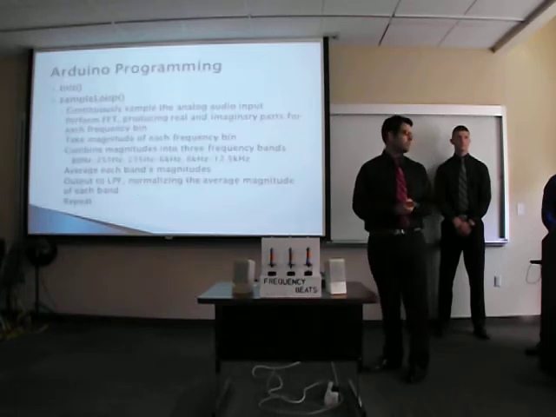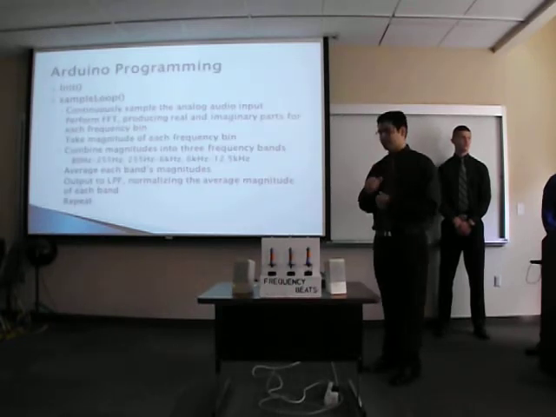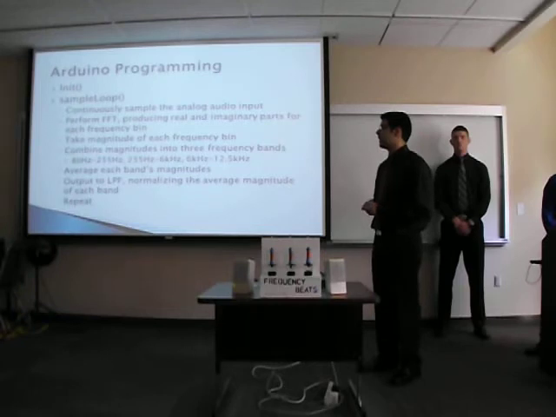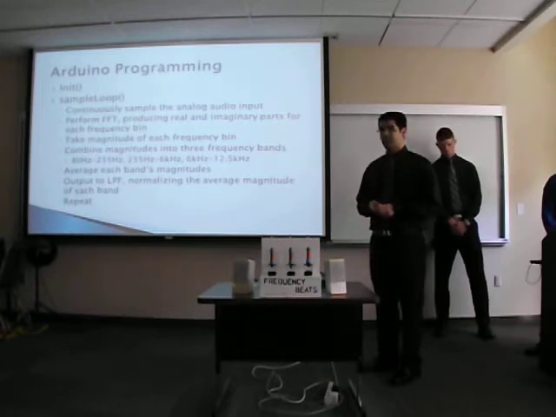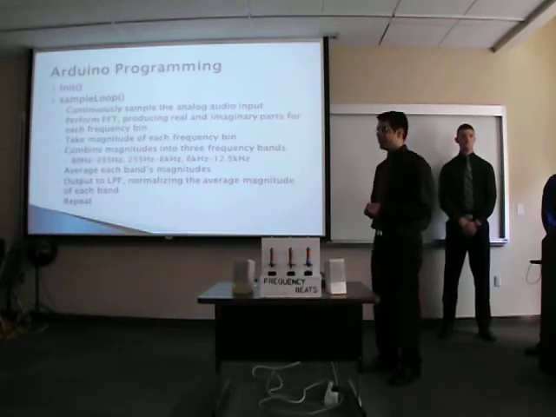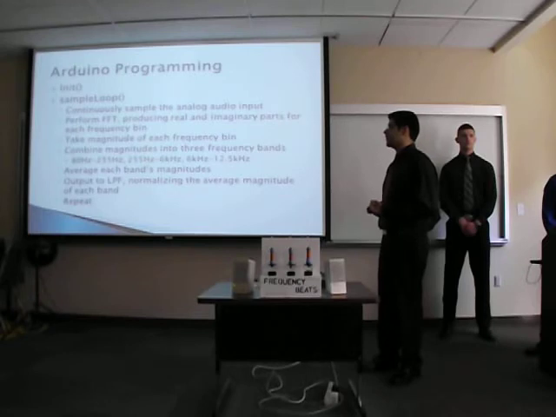So, to go a little more in detail on what's actually happening in the Arduino, we have an initialize function which basically sets up the variables and initializes the input and output pins so that the Arduino can take in signal and output the processing.